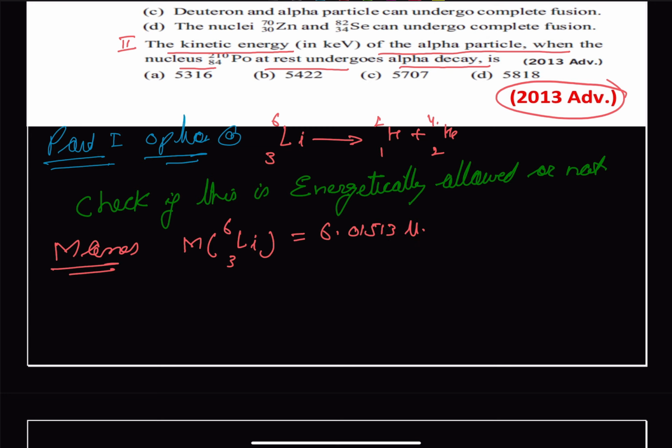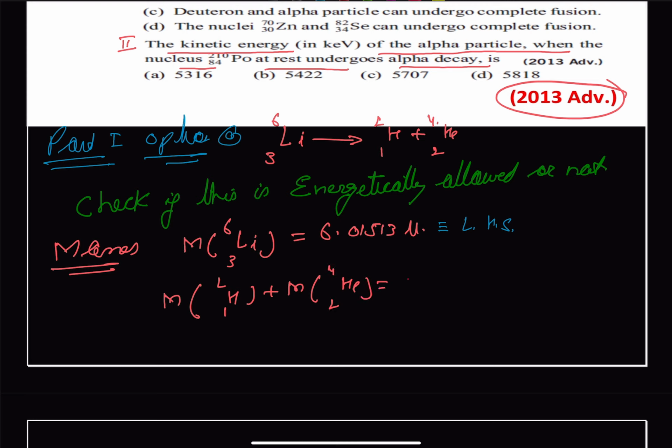Similarly, on the right hand side we have the mass of hydrogen plus the mass of helium, and these values are given to us.